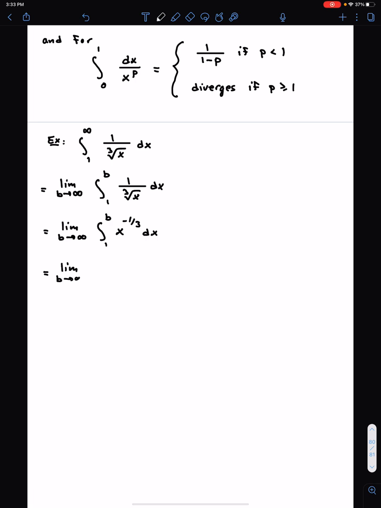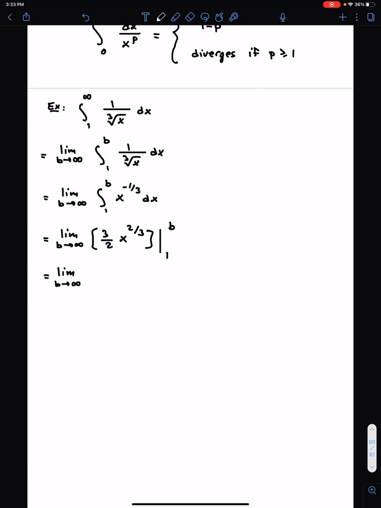which is the limit as b approaches infinity of x to the 2/3 divided by 2/3, so 3/2 x to the 2/3, evaluated at 1 and b. Which is the limit as b approaches infinity of 3/2 times b to the 2/3 minus 1 to the 2/3, or 1.